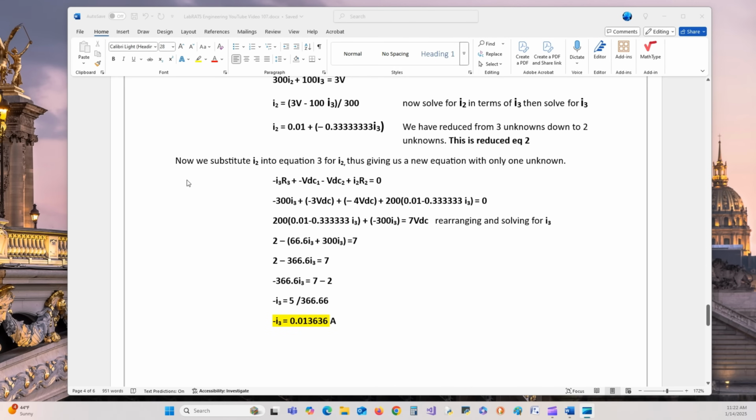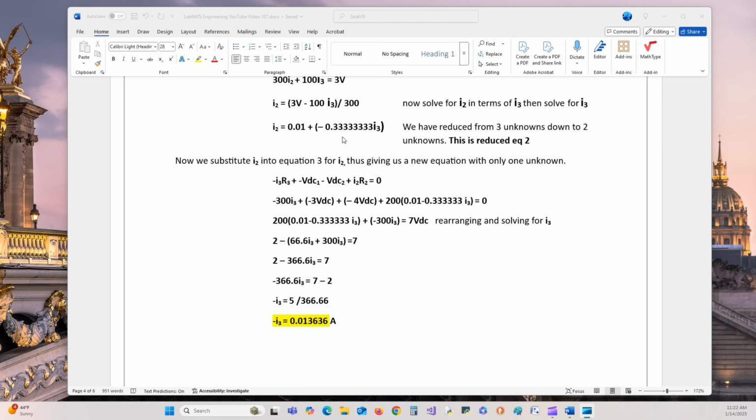So now we substitute I2 into equation 3 for I2. We know what I2 is because of this right here, thus giving us a new equation with only one unknown. That one unknown will be I3. So here's I2.